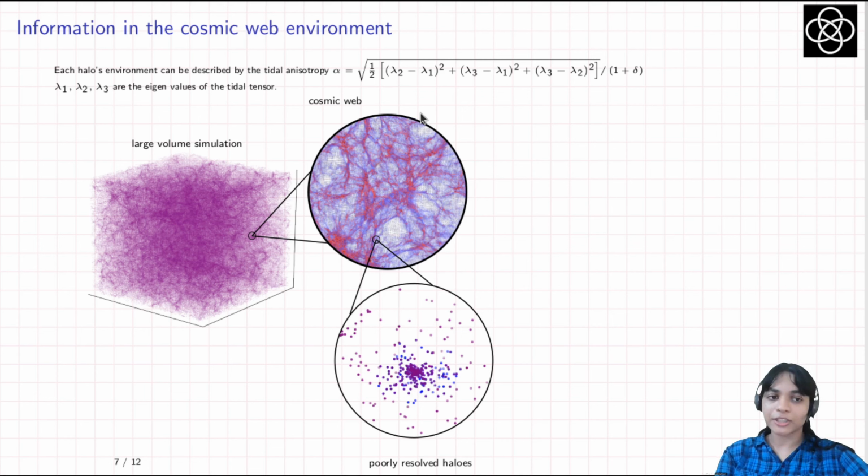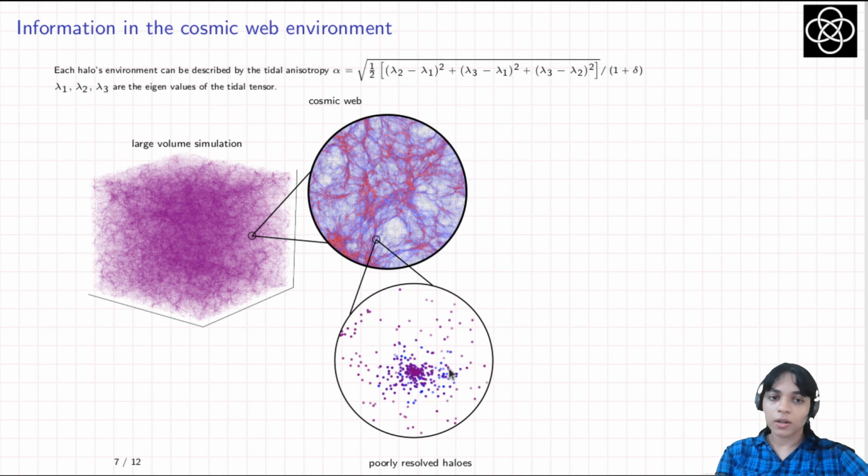This quantity is measured over a scale of 4 times the radius of a halo, which means that in a large volume simulation with poor resolution, the tidal anisotropy around a halo would still be sufficiently resolved even though the properties themselves are not.